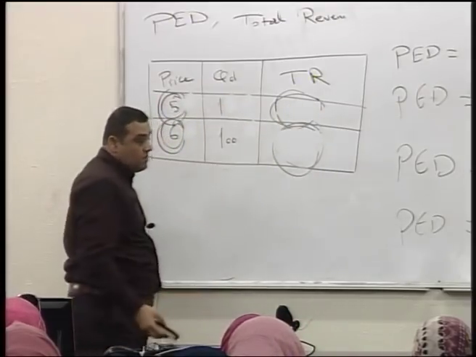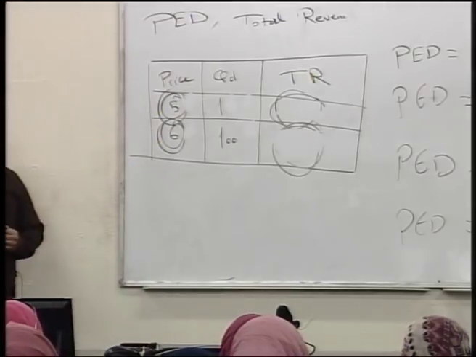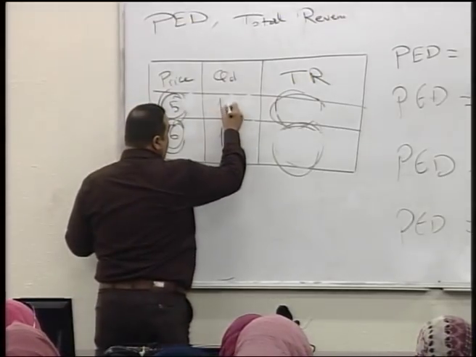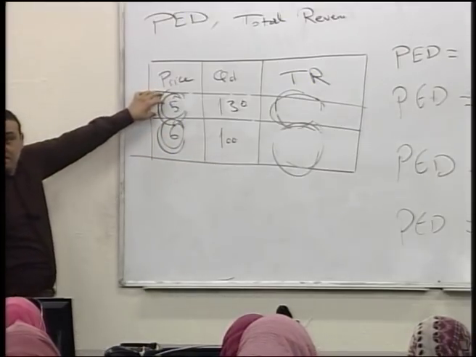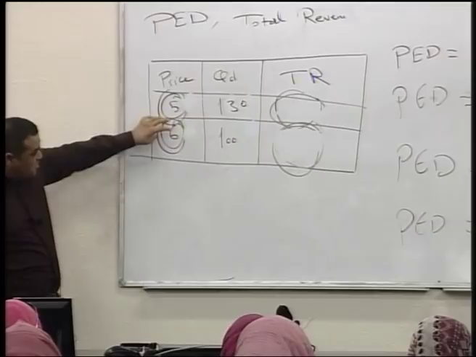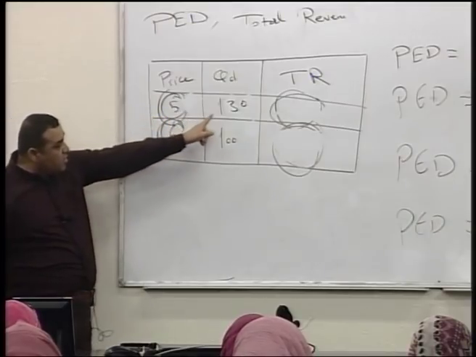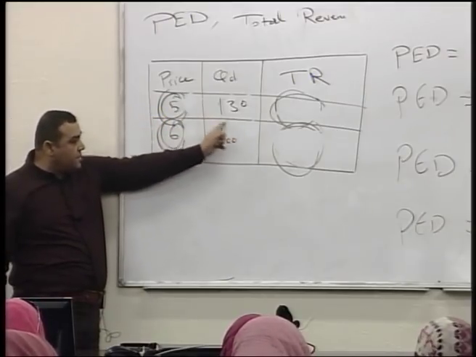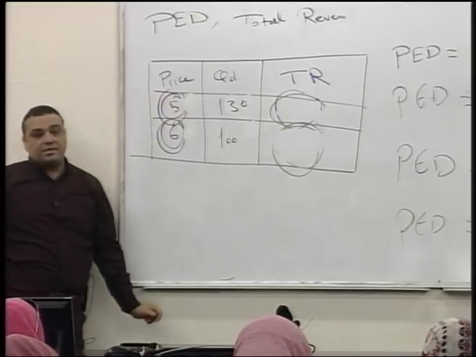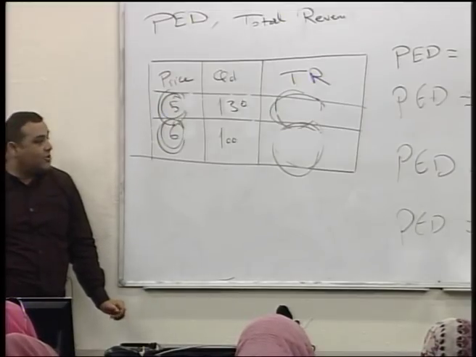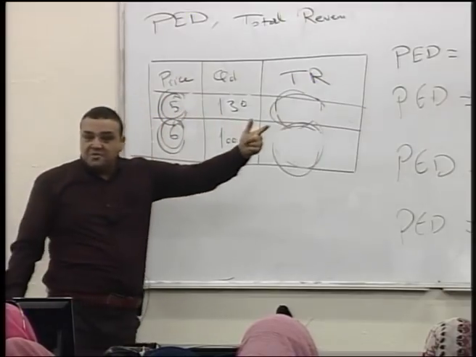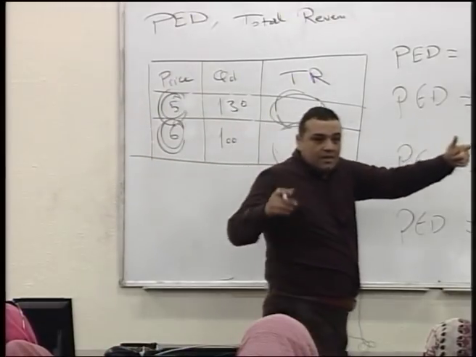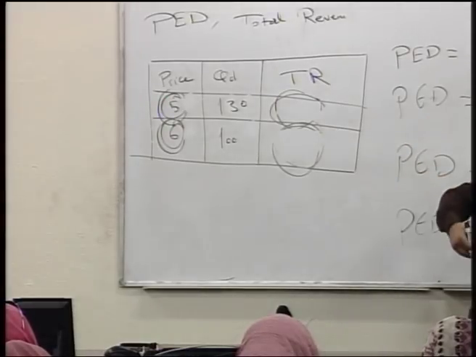Let us assume this number is 130 and the price is 5. Price 1 is 5, price 2 is 6. The quantity demanded was 130 and declined to 100. Calculate the total revenue before, total revenue after, and the price elasticity of demand.